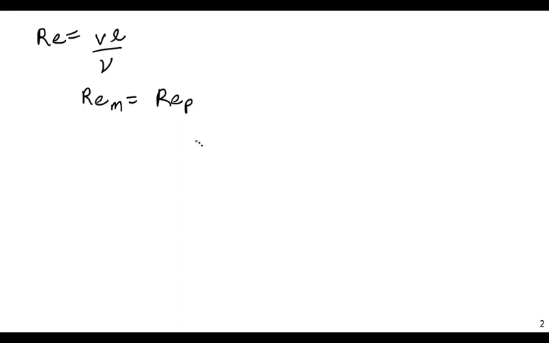So they may have different lengths and different velocities and different viscosities in the fluid they're in, but these will cancel out with respect to the Reynolds number. So if I substitute the Reynolds number equation in, I would have VL over nu for the model must be equal to VL over nu for the prototype.